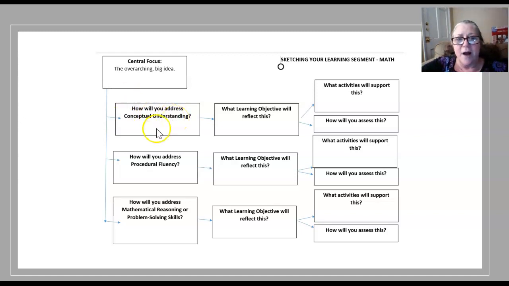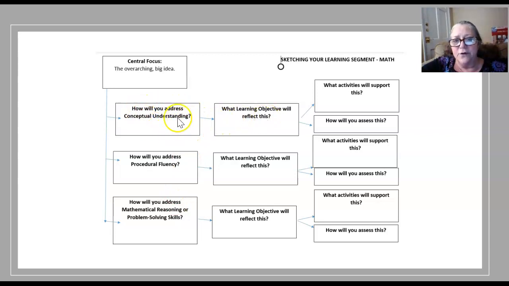How in the learning segment are you going to address conceptual understanding? How in your learning segment are you going to address procedural fluency? In your learning segment, how will you address mathematical reasoning or problem solving? These things do not need to be in every lesson, but they all must appear in your learning segment. So be thinking about that.